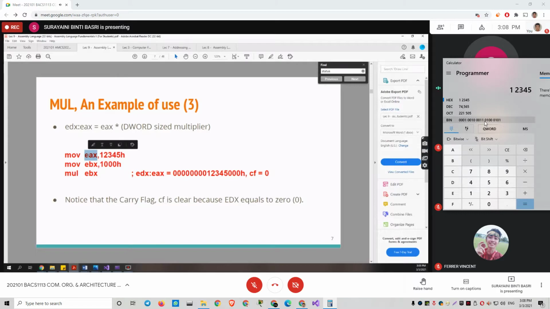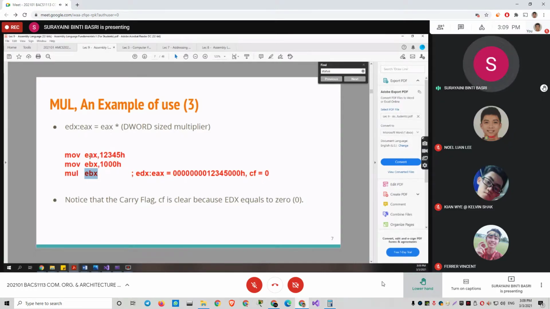The computer already stored this information. Whatever the multiplier is, it detects your variable is in 32 bits, so it will directly know that it is predetermined to multiply with EAX.